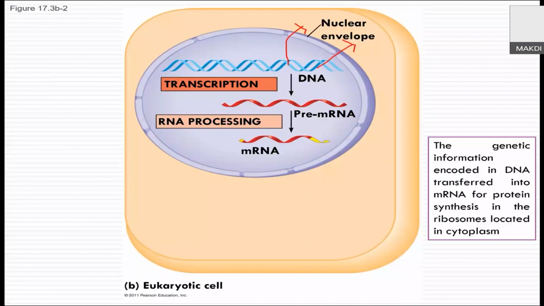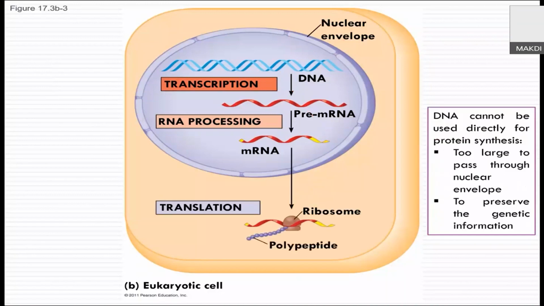Jadi, in order to avoid that, the DNA is transcribed first into mRNA. mRNA yang akan travel outside the nucleus, dia akan cari ribosome lah. So, in this way, DNA is conserved, dia dipelihara, dia dijaga lah dalam nucleus. And then at the same time, the information inside your DNA can be translated by using mRNA.